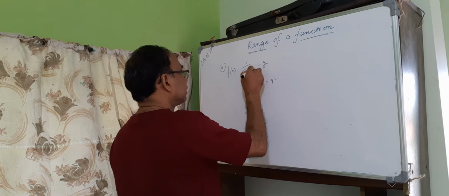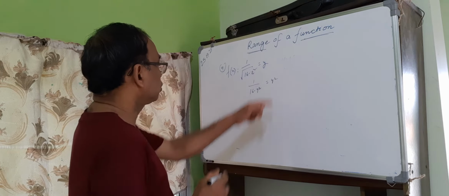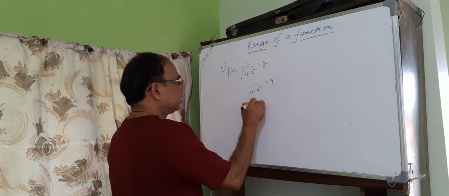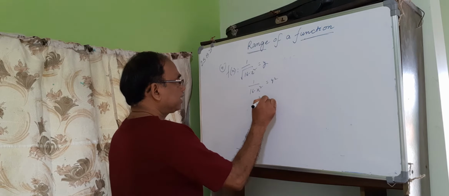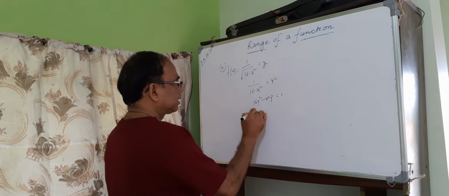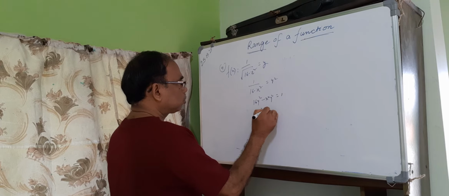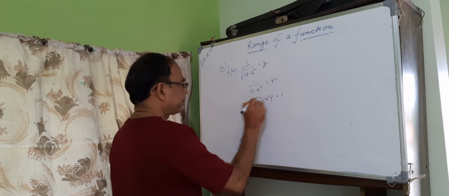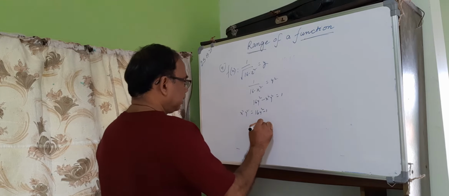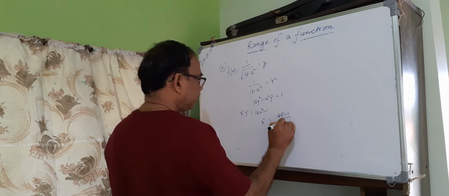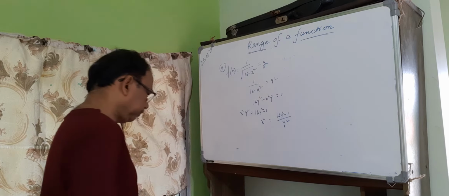This is 16 minus x square equals 1 by y square. Now do cross multiplication. 16 y square minus x square y square equals 1. Now 16 y square minus 1 equals x square y square. Then x square equals 16 y square minus 1 by y square.